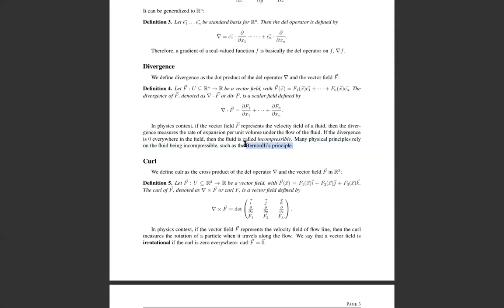The Bernoulli principle relies on the fact that the fluid is incompressible.